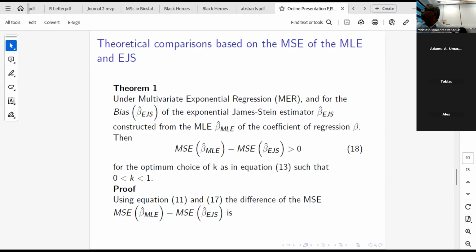Okay. So in this case, our attention goes much to the problem of exponential regression in high dimension, which brings about multicollinearity. So in this case, the exponential James-Stein would be better because it will deal with that problem of multicollinearity.